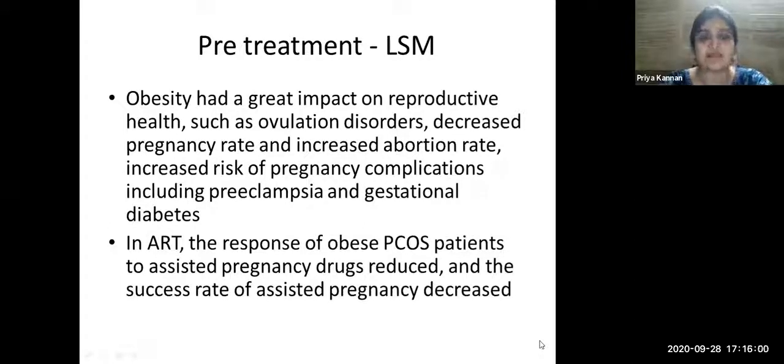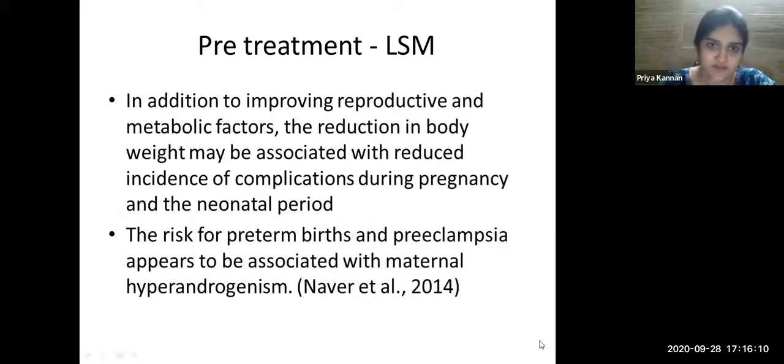In ART, the response of obese PCOS patients to assisted pregnancy drugs is reduced, and the success rate of assisted pregnancy is also reduced. So how do we do it? In addition to improving the reproductive and the metabolic factors, the reduction in body weight is associated with reduced incidence of complications during pregnancy and also during the neonatal period.